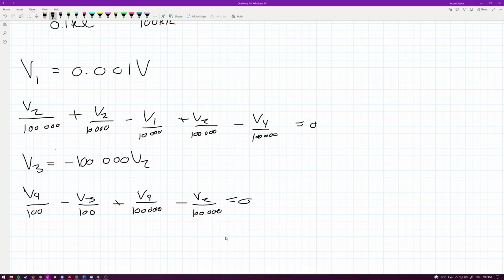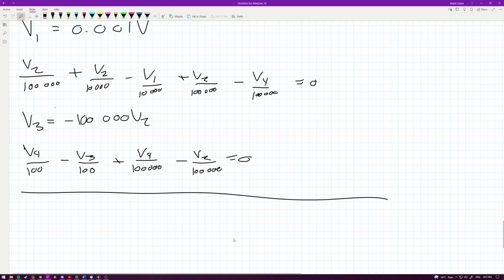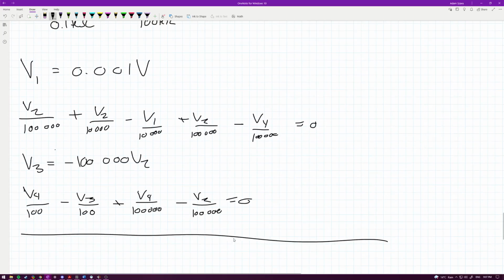Now I can simplify, just seeing if there's any smarter way. I'll eliminate one of the unknowns. We know V1 is 0.001.